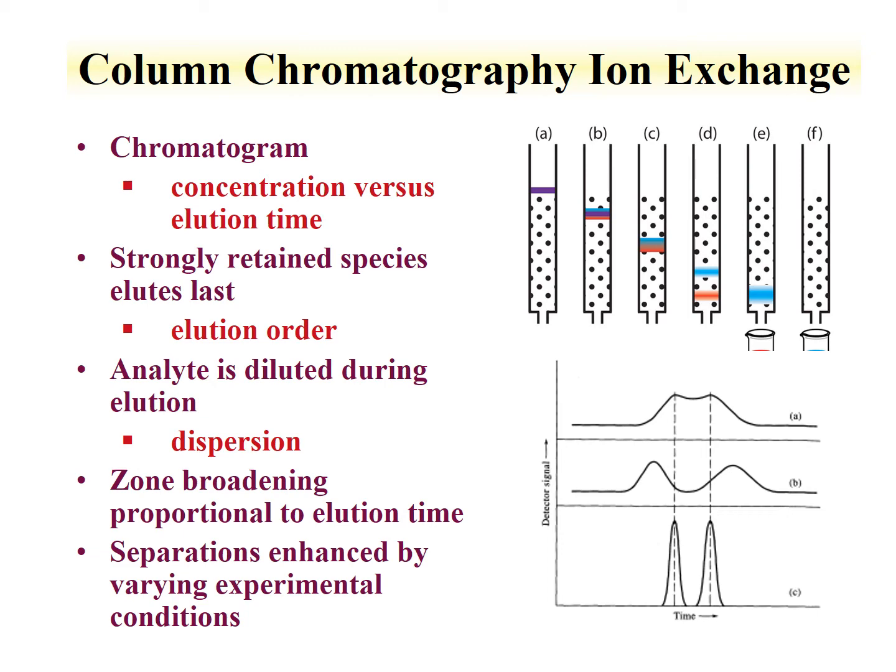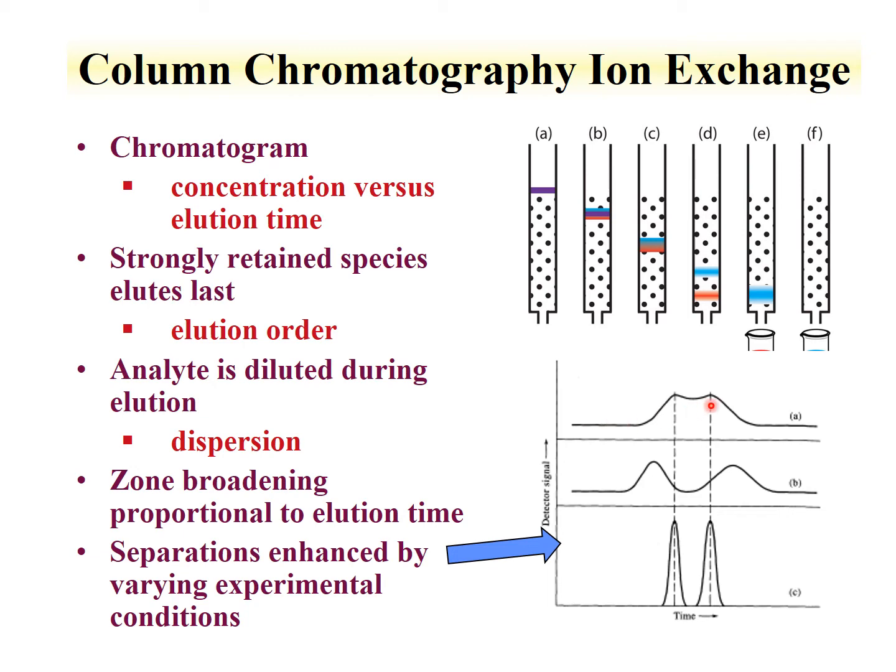Now, during this experiment, we also see that as we start off, we have a relatively tight band of analyte metal ions, and as it travels through the column, we get dispersion. This dispersion is a parameter that one would like to be able to control. This zone broadening that occurs is proportional to elution time, and the separations can be enhanced by varying the experimental conditions.